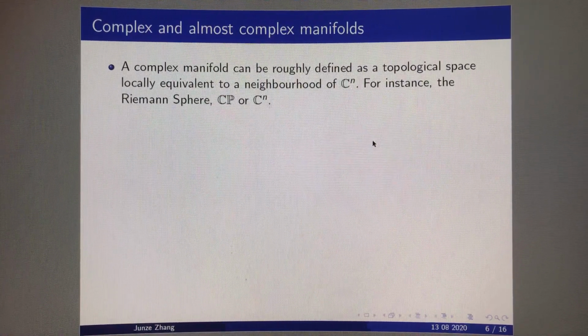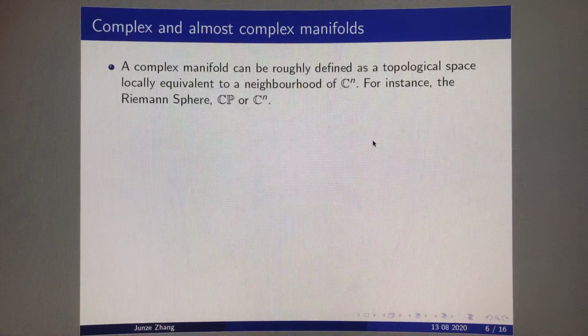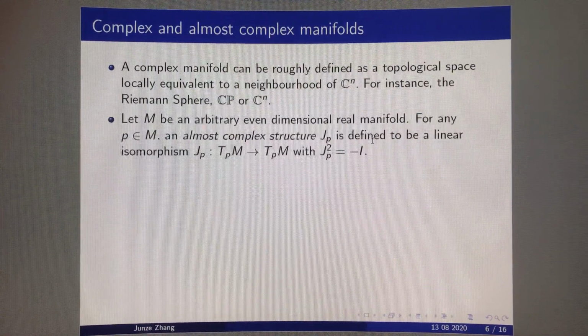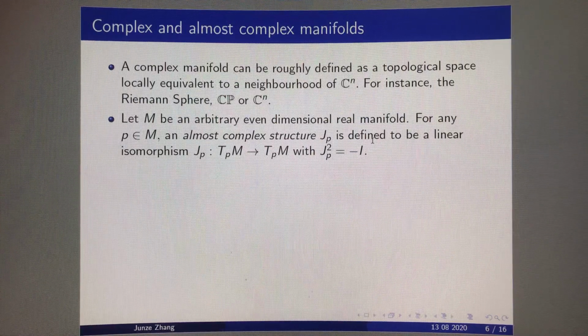Algebraically, we can define a complex structure via a concept called an almost complex structure. Given an even dimensional real manifold, for any point in that manifold, we can define a linear isomorphism from its tangent space to itself, so that the square of this linear map is equal to the negative identity.